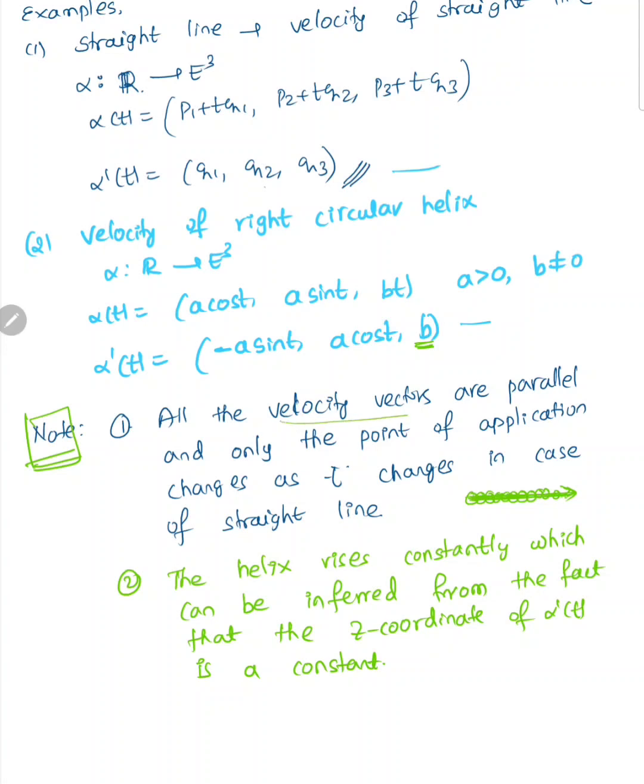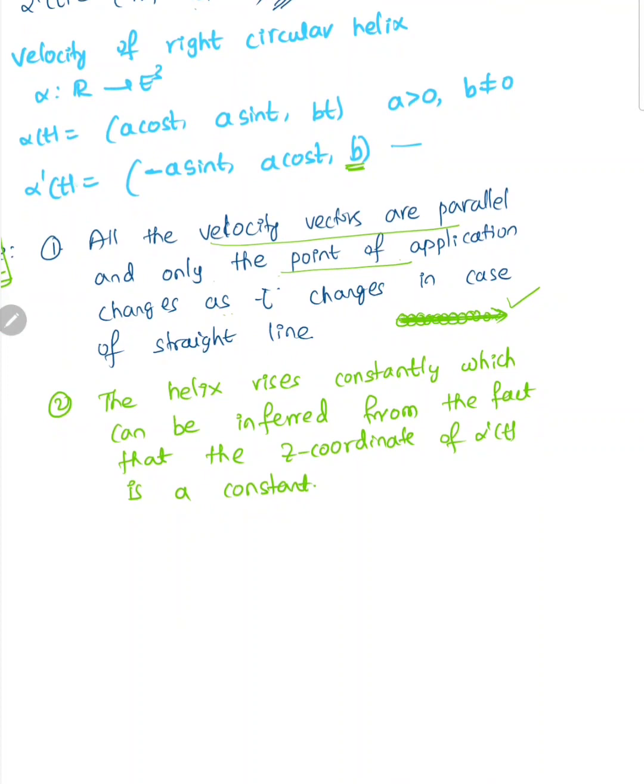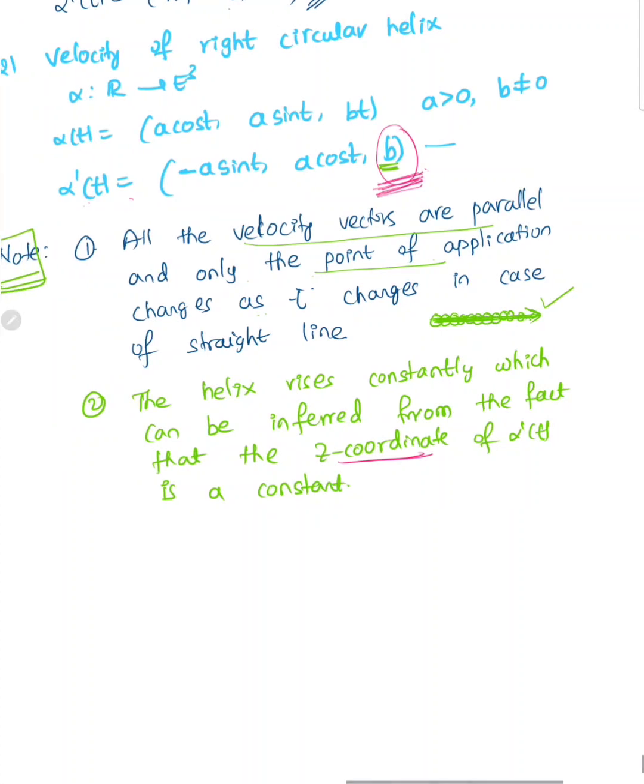Therefore all the velocity vectors are parallel, but only the point of application changes as time lapses. In case of the right circular helix, after finding the velocity vector, we can observe that the z coordinate is constant, which says that the helix is constantly rising along the z direction. So this is about the velocity of the straight line and the right circular helix.